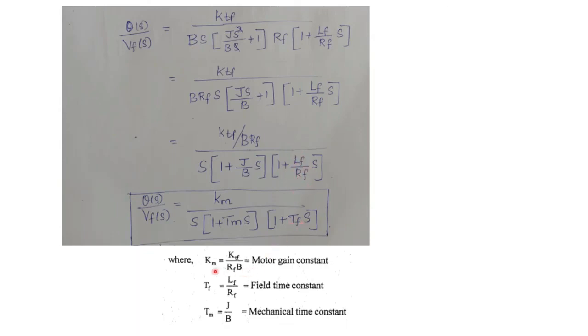The value of TF will be LF by RF, that is the field time constant. The value of J by B will be the mechanical time constant because it is related to the mechanical load. And the numerator KTF by B into RF is nothing but the motor gain constant. So this is the required form of the transfer function of the field control DC motor.